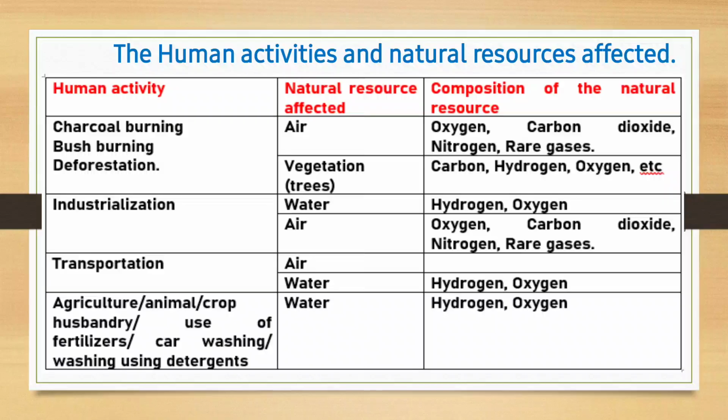And transportation can also affect water, for example the canals and the ships, which may release oil within the water. These ships also release human wastes into water bodies, if you've watched some of those video clips.